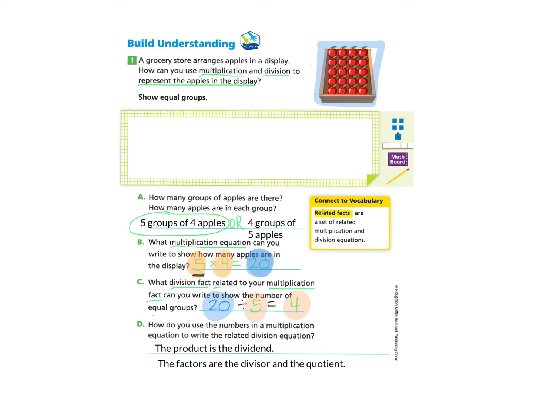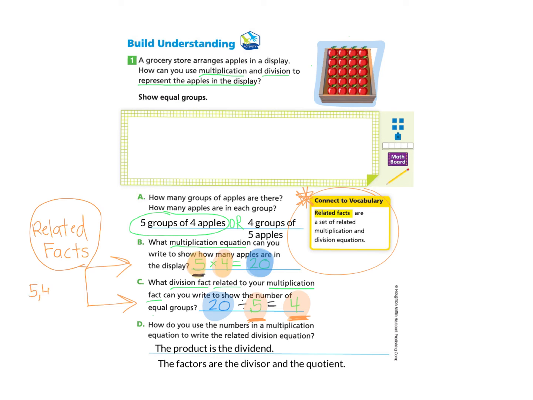So we can explain our thinking that the factors are the divisor, which is this one here, and the quotient. And just note that the connective vocabulary is explaining that related facts are a set of related multiplication and division equations. So this multiplication equation and this division equation would be considered related facts, using the numbers 5, 4, and 20.